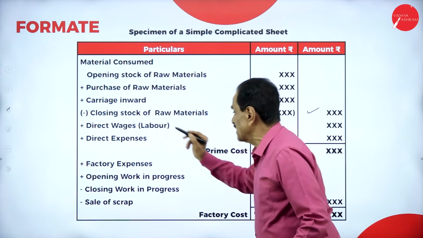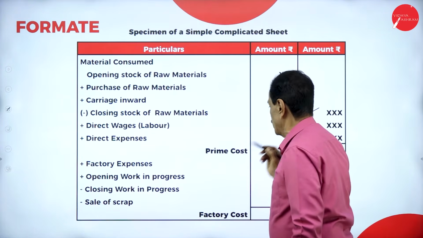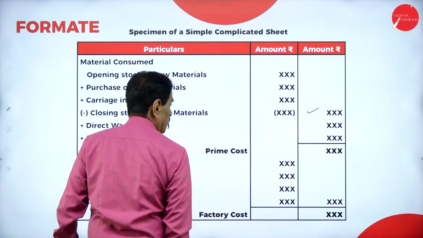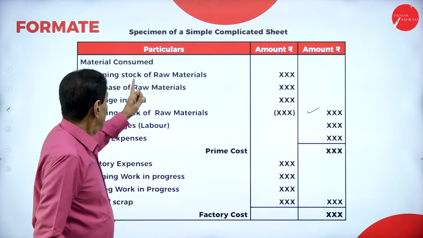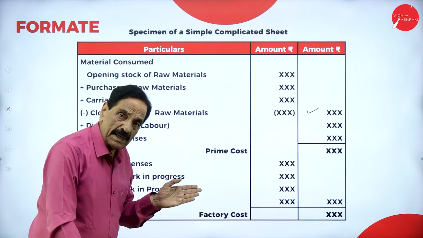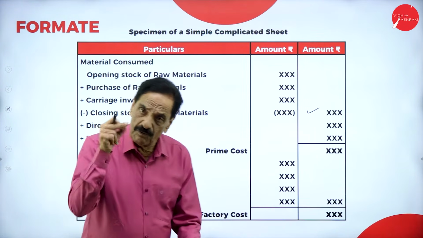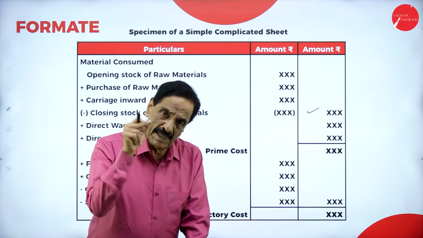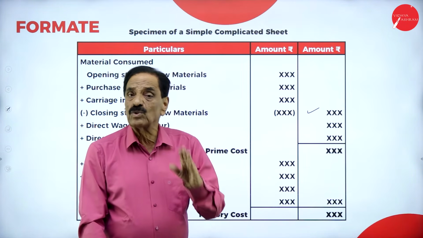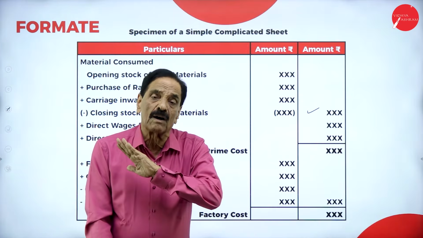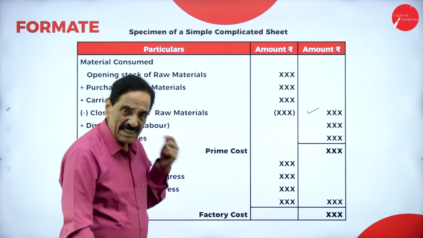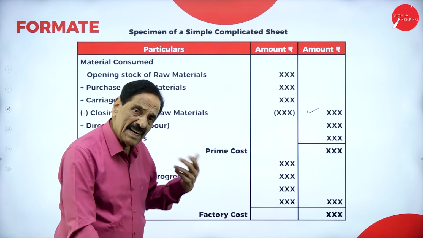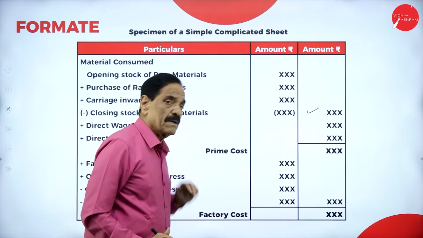Add direct wages or labor, add direct expense, it becomes the prime cost. Here I will repeat. What is direct material? Opening stock of raw material plus purchase of raw material plus carriage inward minus closing stock of raw material is called raw material consumed. Add direct wages or labor, add direct expenses, it becomes the prime cost.